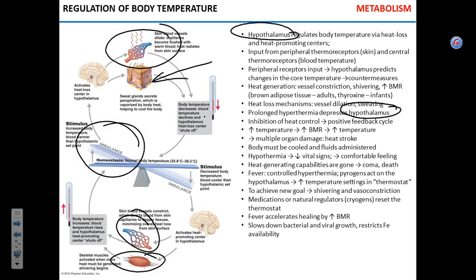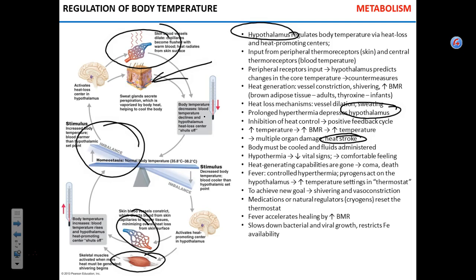Increased BMR means that you produce more heat. You become hotter, your BMR increases, you produce more heat, and that leads to heat stroke. Does that make sense?